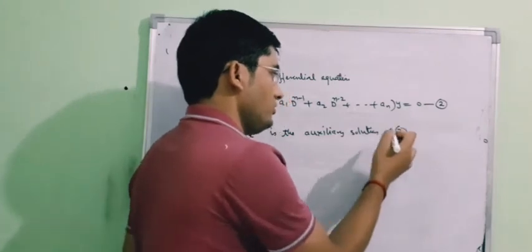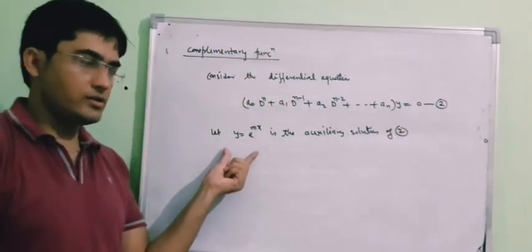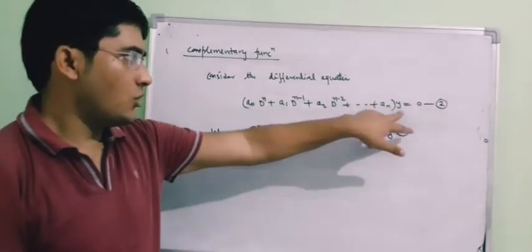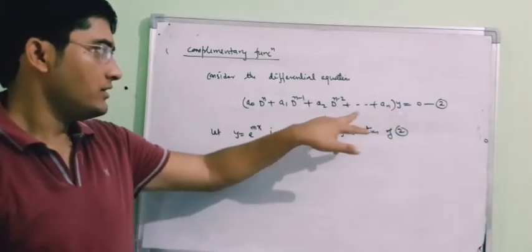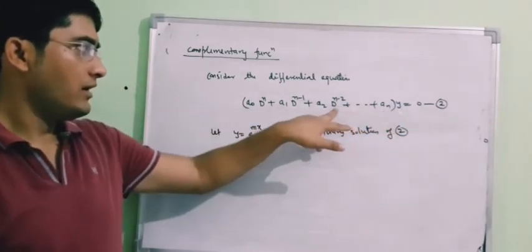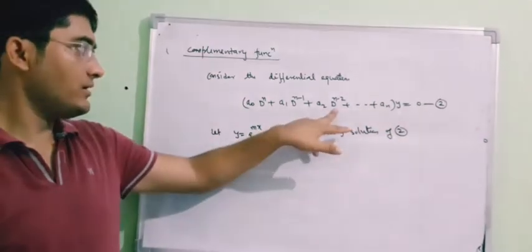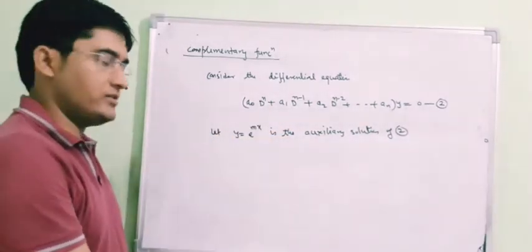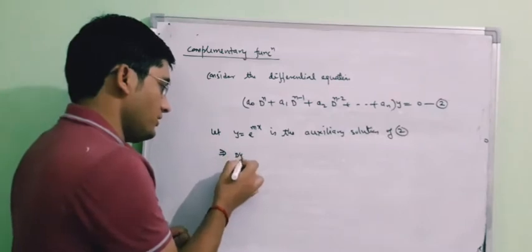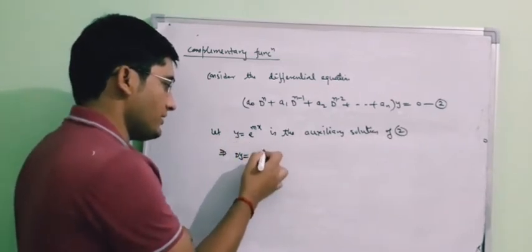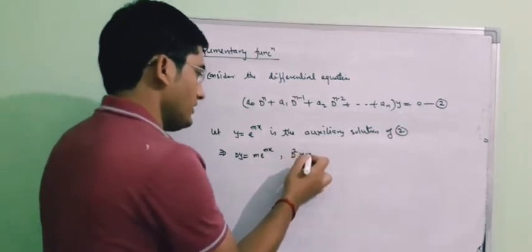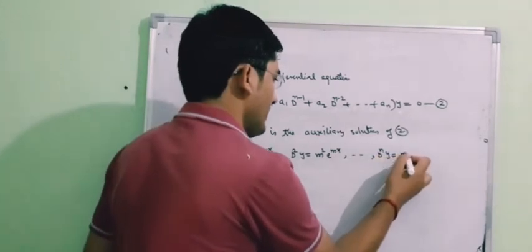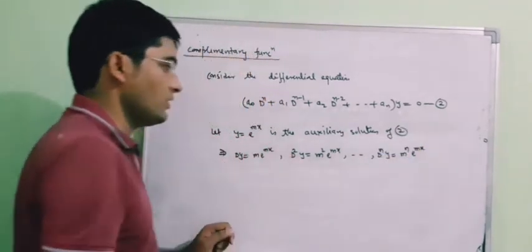Now if it is a solution of 2, then it must satisfy this equation. So let us operate on this y. The nth derivative of y stands for d^n y. From here, the first derivative of y will be m e^(mx), the second derivative will be m^2 e^(mx), and the nth derivative will be m^n e^(mx).